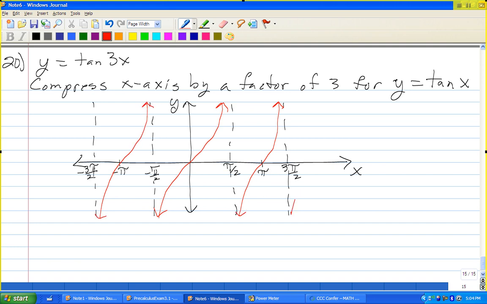So that's the graph of tangent. So let's compress the scale here by a factor of 3. So this is going to be at pi over 6.